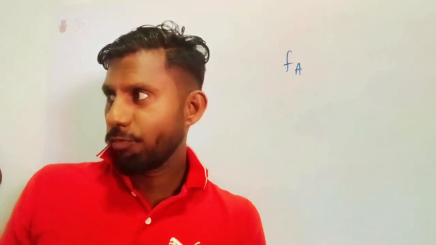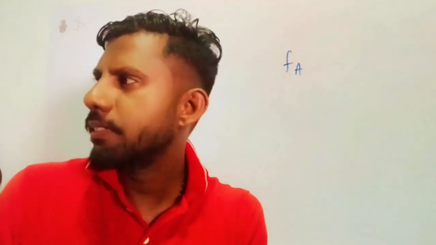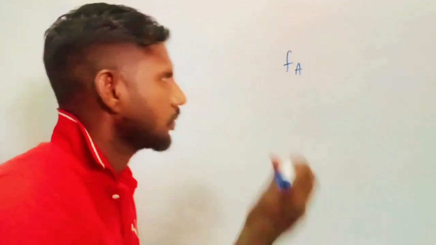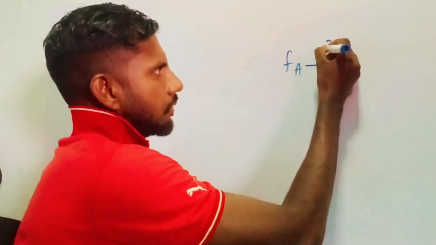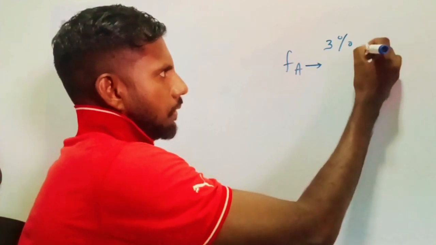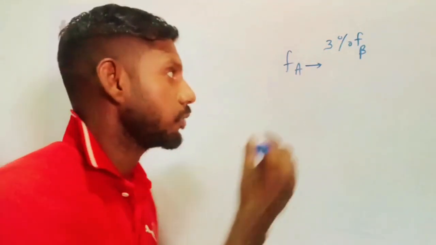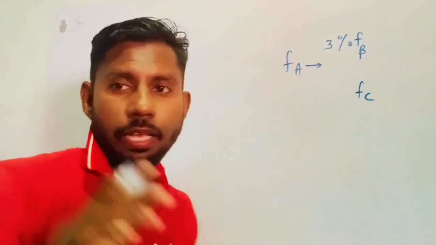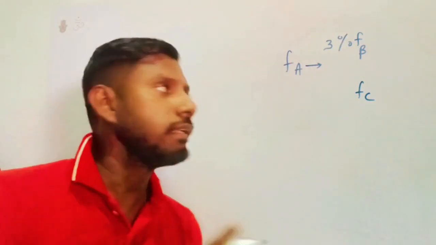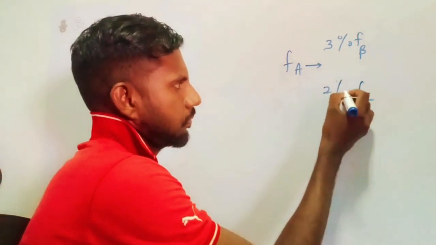Frequency of B is 3% greater than that of A. B, FB, right? 3% greater. And the third one, FC, is 2% less than that of A.